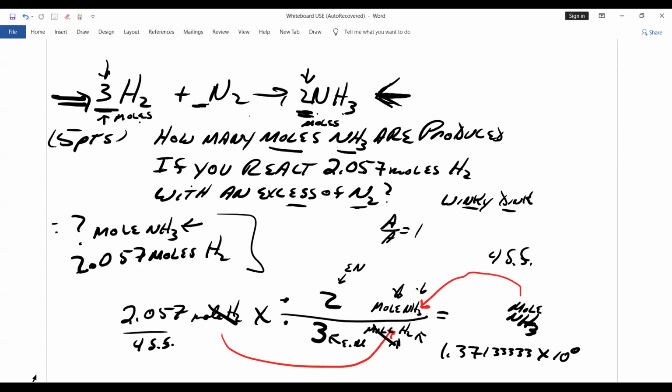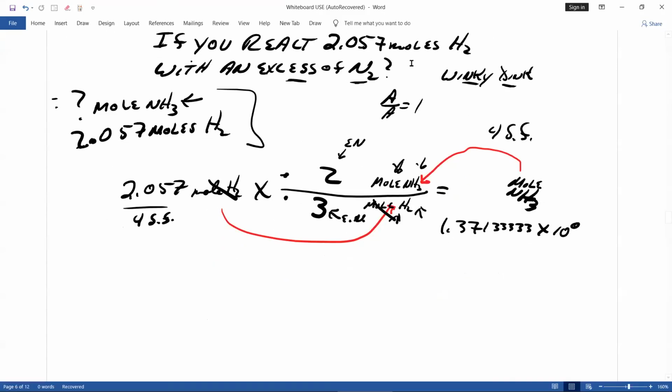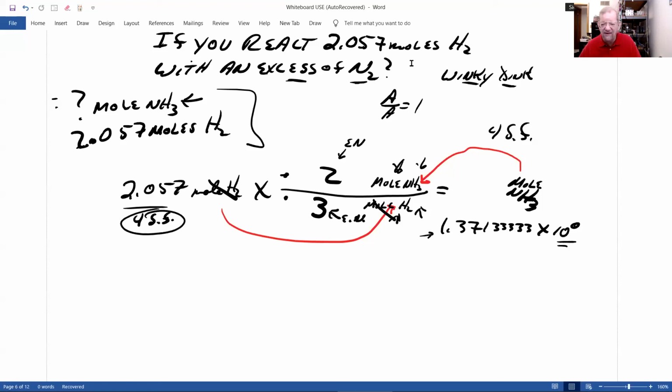Now, 10 to the 0 is 1. So if you want to leave that there, that's fine. I'm going to let you round this number off to 4 significant figures.